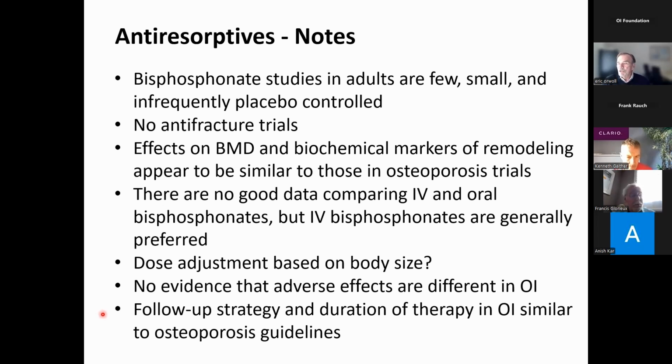We don't have good data about how long to use bisphosphonates in OI. We know a lot about that in osteoporosis, and we tend to use similar treatment approaches in OI as in osteoporosis. So again, the bisphosphonates are the mainstay of therapy in people with OI, but there are big gaps in the evidence that we have about their use.